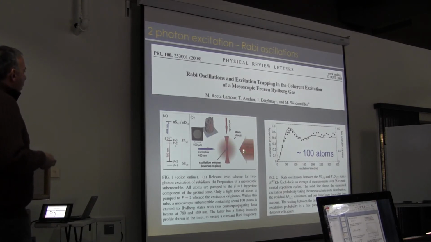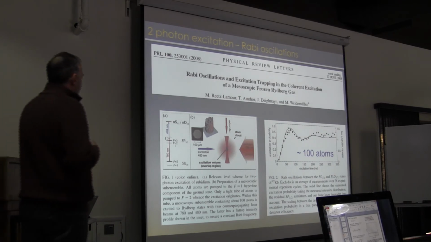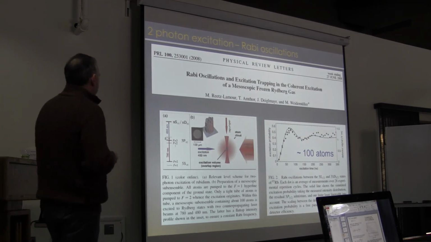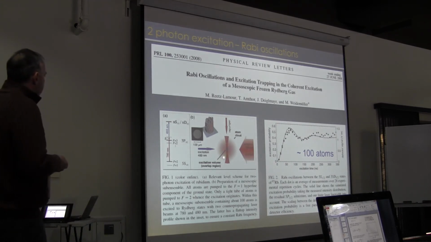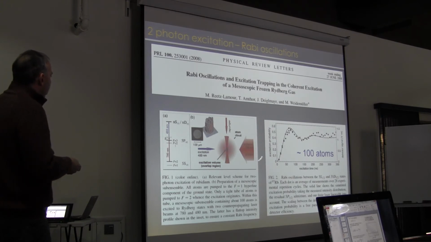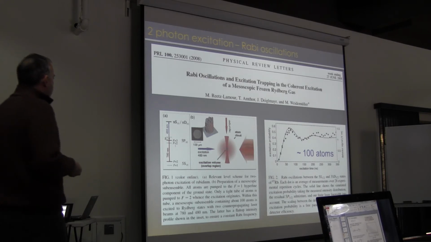And so you still have issues with different atoms in the sample seeing different local electric field strengths because of the spatial distribution of the exciting laser beams. The geometry was such that they had a broad red beam propagating to the left and a localized blue beam propagating to the right.